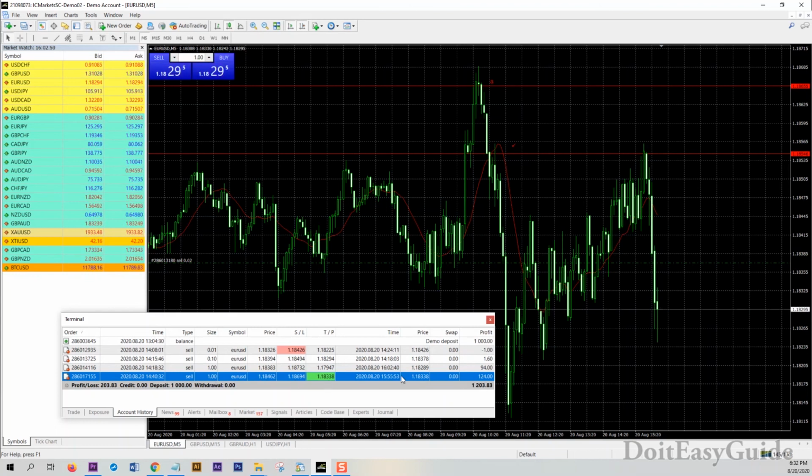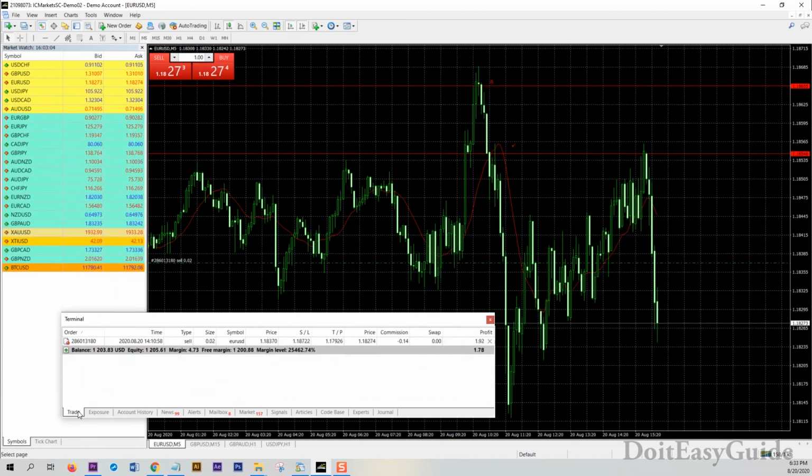Its TP got hit automatically. Whenever the TP gets hit automatically, the color comes as green. And this is this trade. So I'm going to close this one as well.